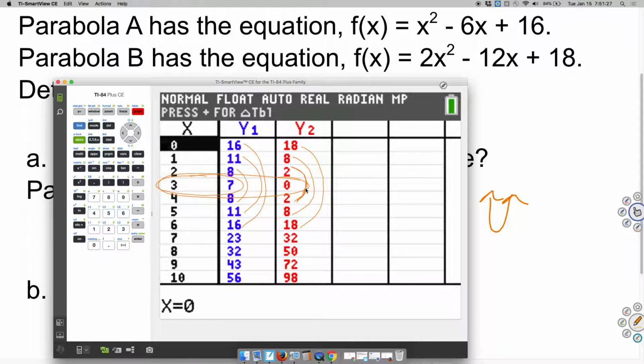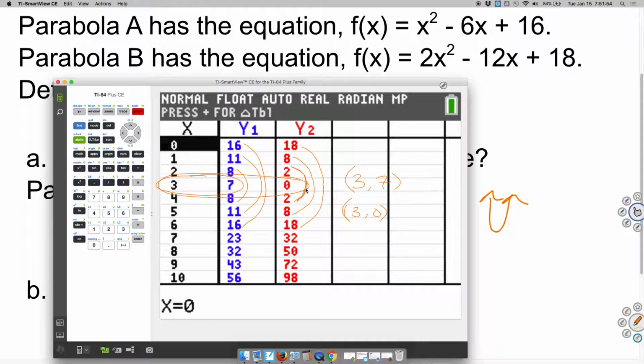That's the minimum of each function, and it just happens to be at the same place. So we have 3, 7 for the first function, and for the second function we have 3, 0. Those are our two minimums.